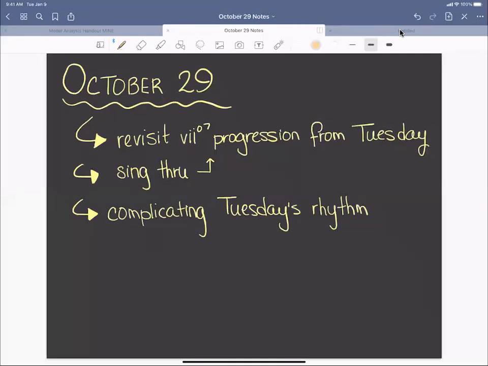Now think about your numbers in a 7-7. 7, 2, 4, flat 6. If this was 4, it would need to resolve down by half step if we're going to a major key. If it was flat 6, it would also have to resolve down by half step, which leaves us with one other option, which is this becomes 2 to 1.